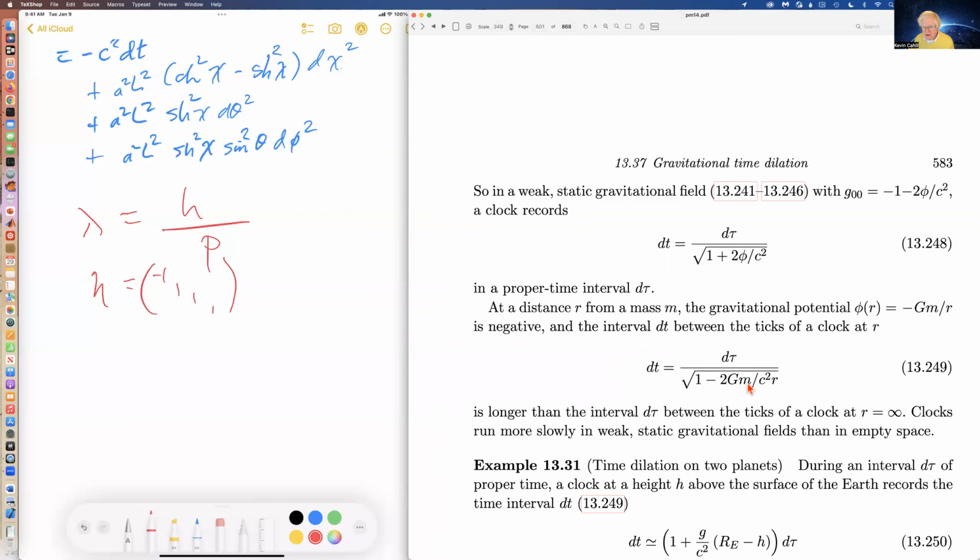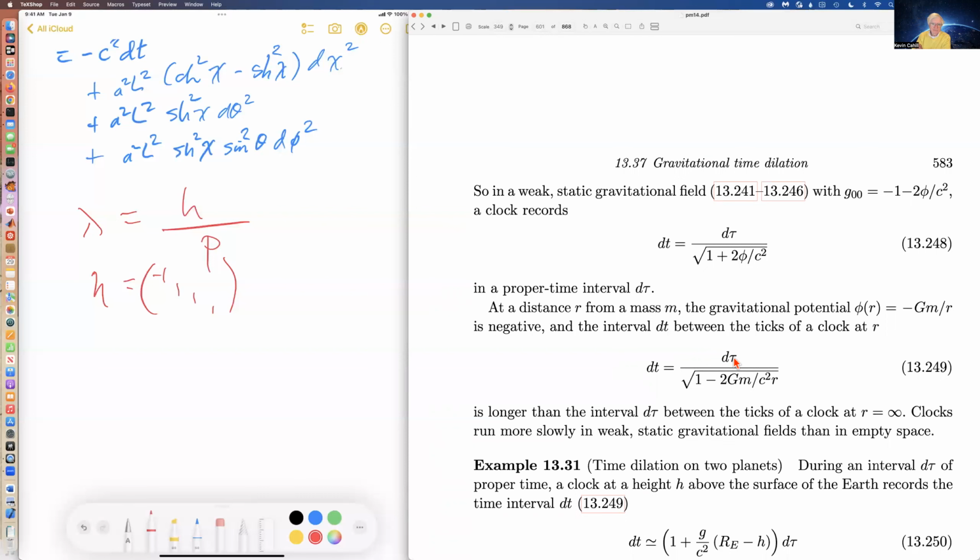And so the interval between ticks of a clock at r relative to the time at infinity is that.